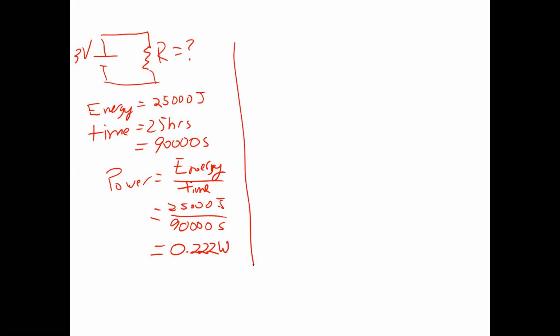That's great because now with that power information and with the fact that I know what my voltage is, I can use one of those three equations for power. That power is equal to V squared over R to figure out what my resistance is. So rearranging this equation gives resistance is equal to V squared divided by power.